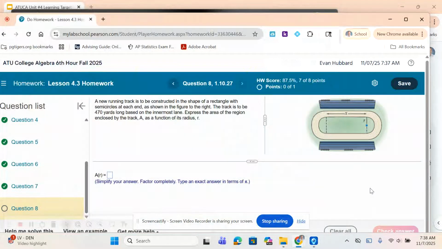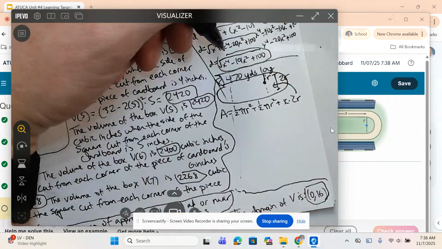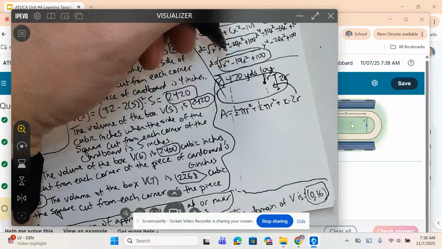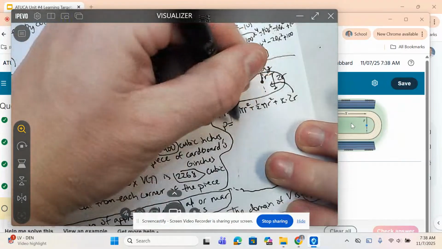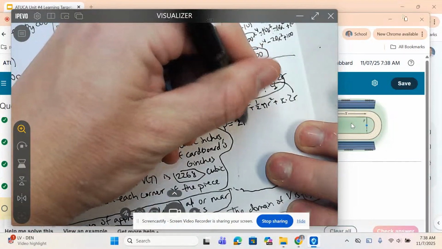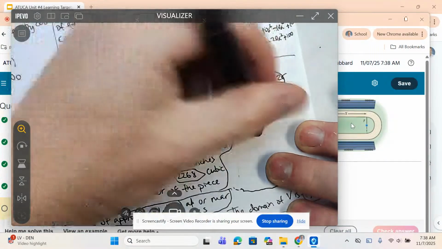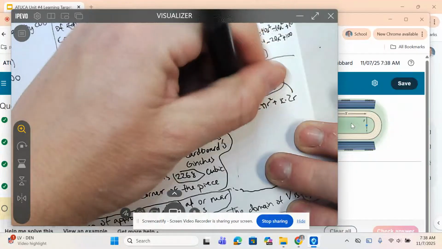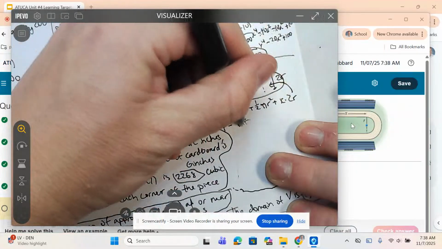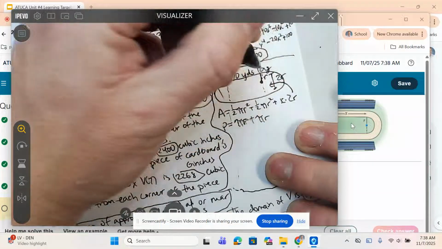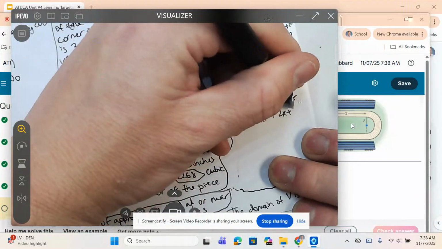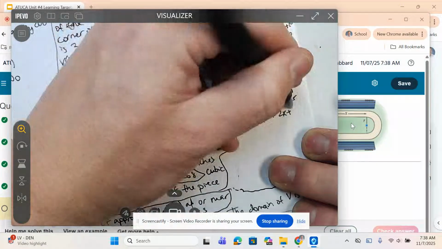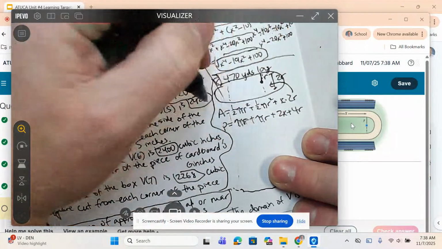And the whole thing is 470 yards long. So the perimeter would be pi r plus pi r, which would be 2 pi r, plus 2x, plus 4r, because each side is 2r.